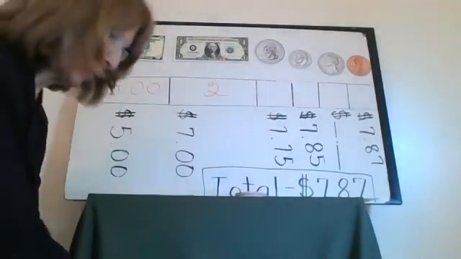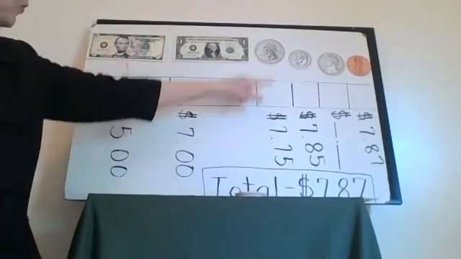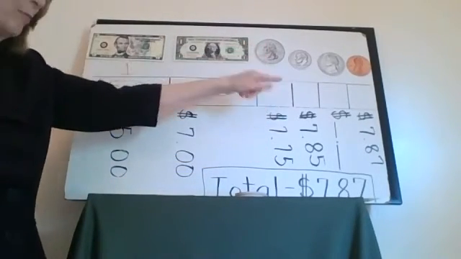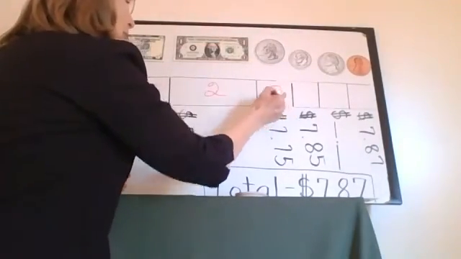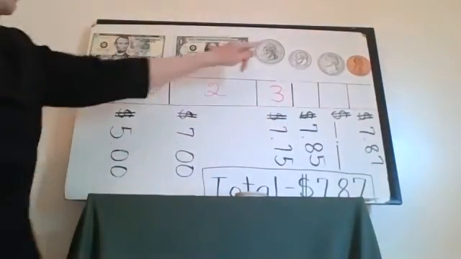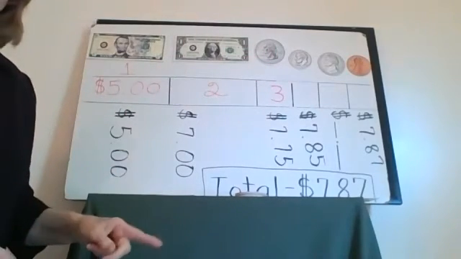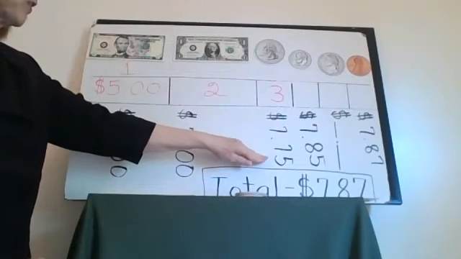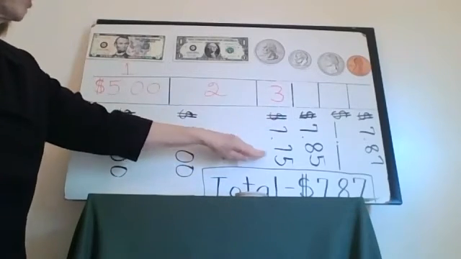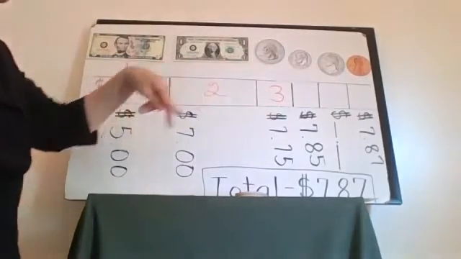And we need 75 cents, so we need how many quarters? 3. If you don't know that 1 quarter equals 25 cents, that could be the reason why you're having trouble with money. You need to memorize the amount that each one is.